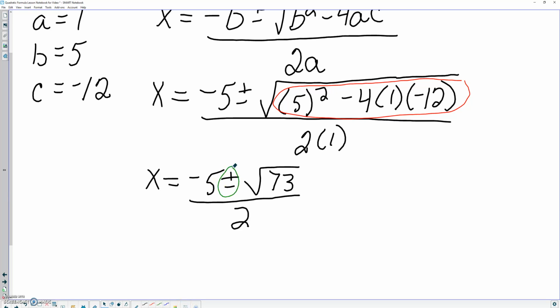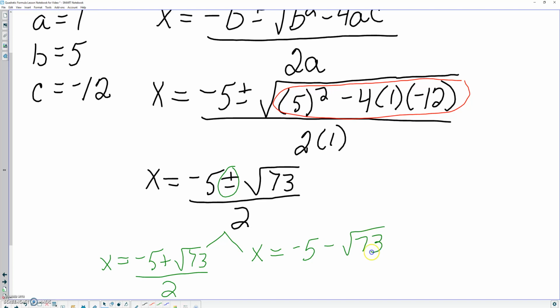Technically here we have 2 solutions. We have x equals negative 5 plus radical 73 over 2, and we have x equals negative 5 minus radical 73 over 2. All right, you don't actually have to write it as 2 separate answers, but you can if you want to.